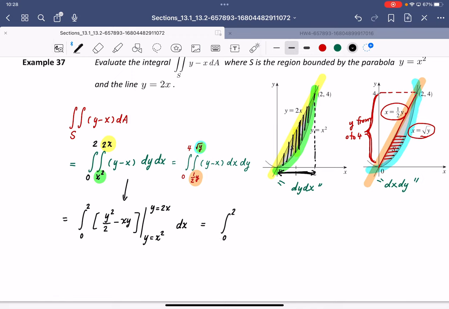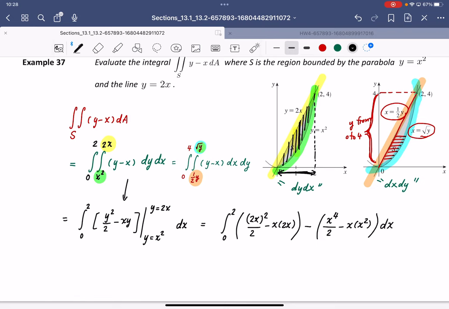We plug in 2x, so 2x squared over 2, and then minus x times 2x. That is the first term, and for the second term you plug in x squared.